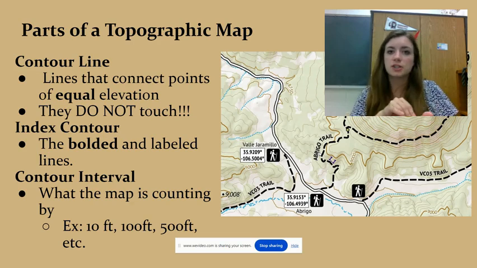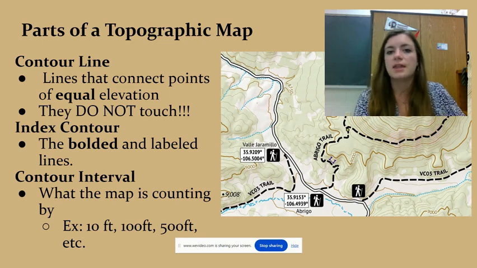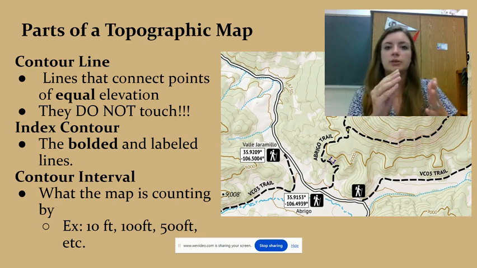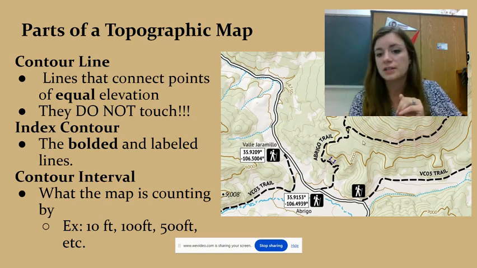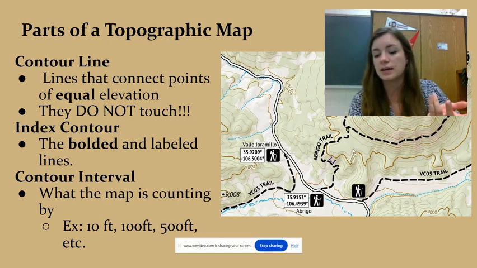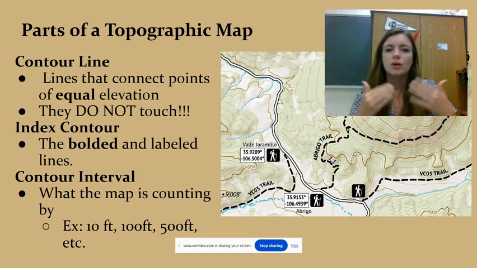If a location is touching that line, it has the same elevation as that line because it's on it. If a location is not on that line, if it's a little bit off, then its value is somewhere in between the two contour lines. So if it's in between 9,000 and 9,050, it has some value between the two.